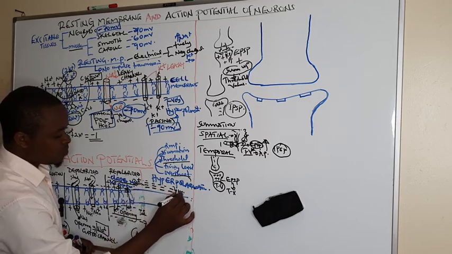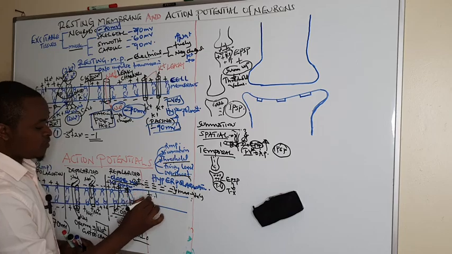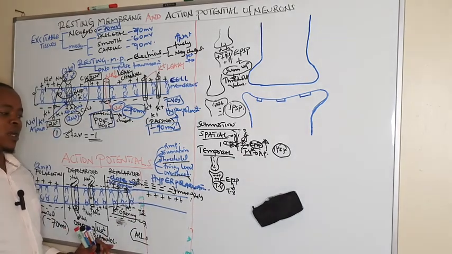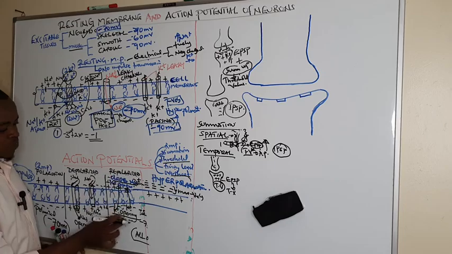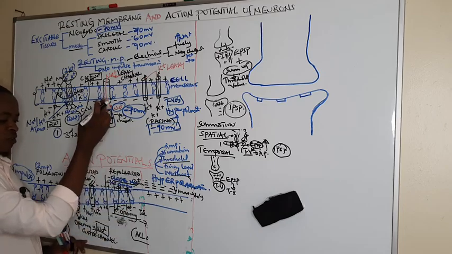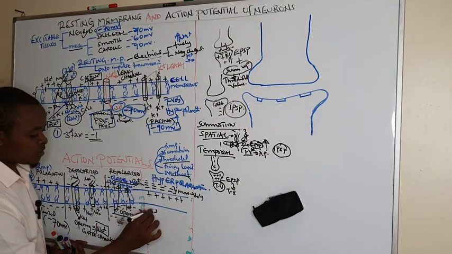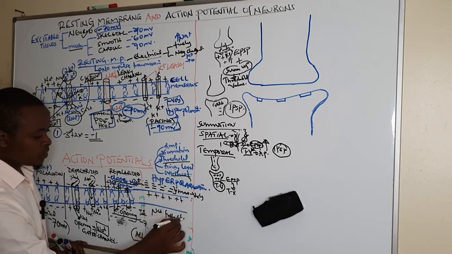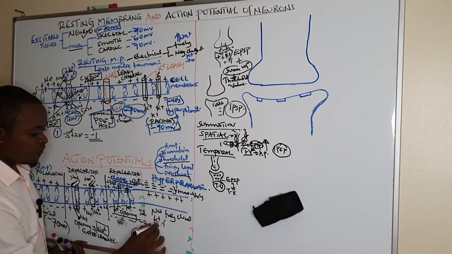This is what we call hyperpolarization due to complete closure. Here, the sodium ions were closing as potassium ions were opening, so there was no full closure. But here the sodium ions are fully closed, and the potassium ions are fully open.